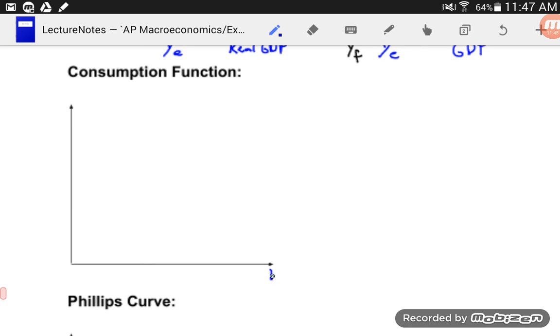So this is national disposable income, and our levels of consumption expenditure. Let me rewrite that. Let me just call that our expenditure plans.